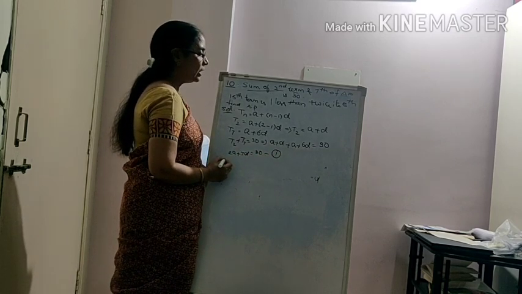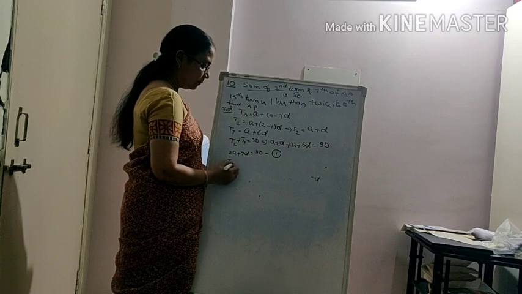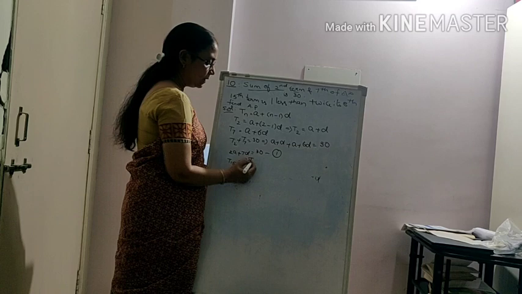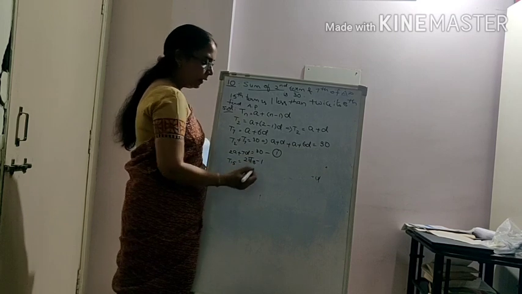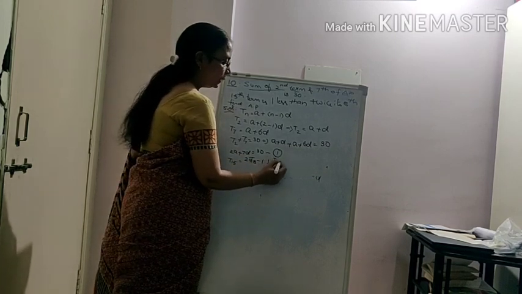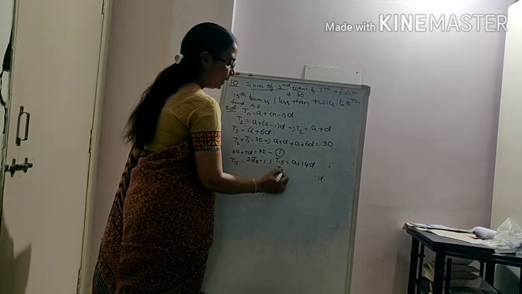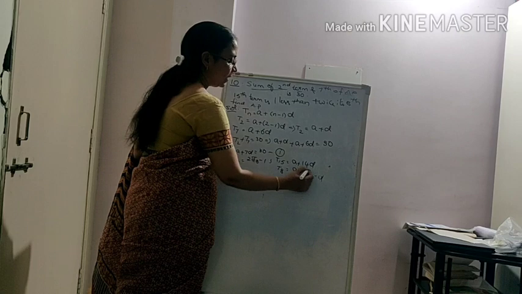The next condition is the 15th term is 1 less than twice its 8th term. So the 15th term is A plus 14D, and the 8th term will be A plus 7D.